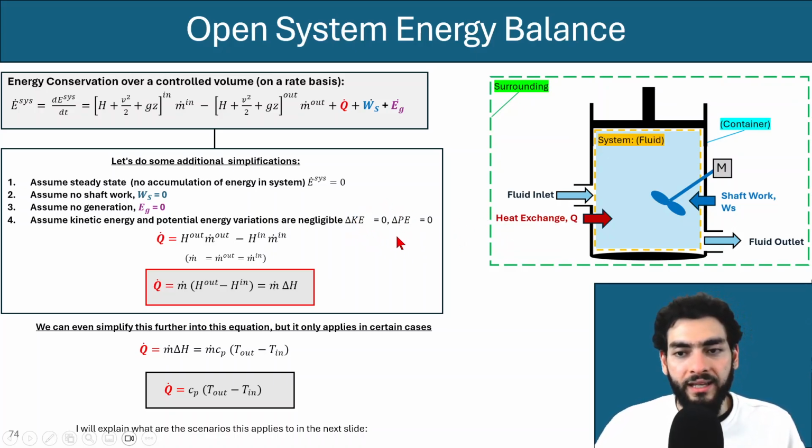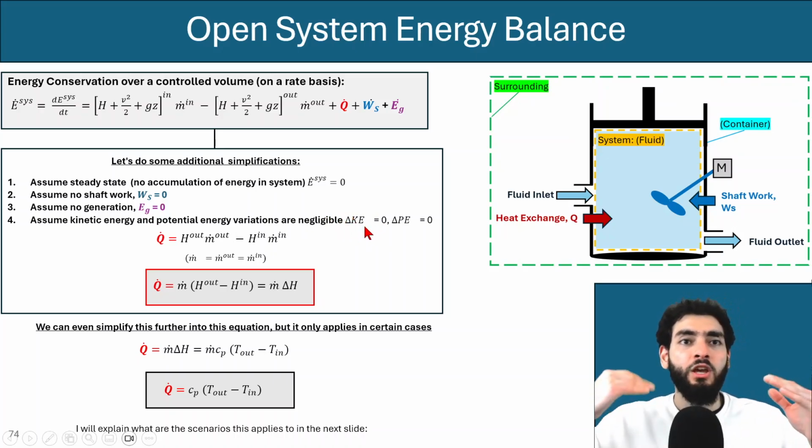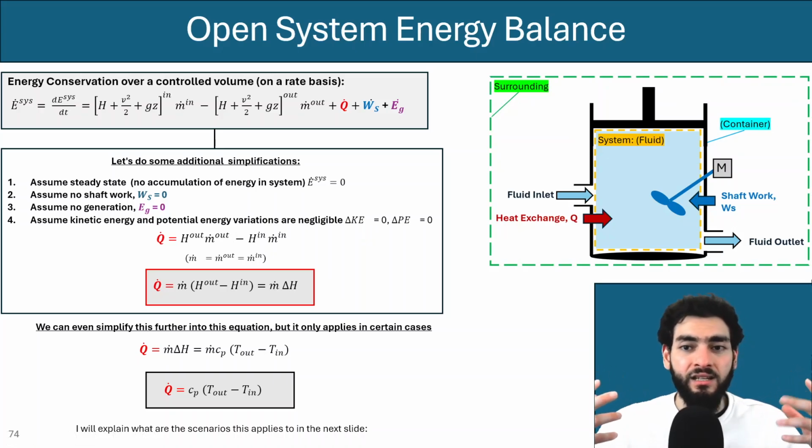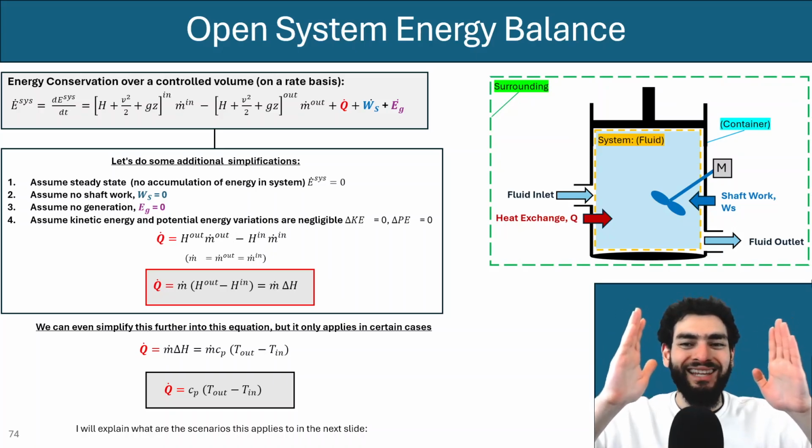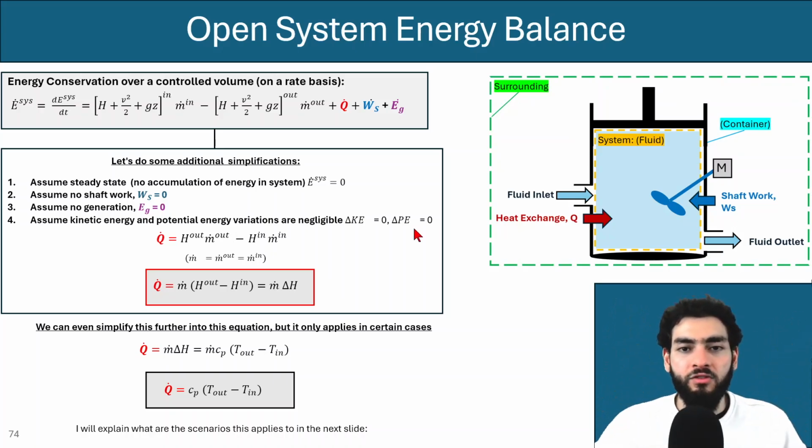And also you could make an assumption that the kinetic energy change is zero. So if the flow rates or the velocity of, let's say, the fluid flowing through the pipe section that you're interested in is the same, then if the velocity at the inlet and the outlet are the same, you can cancel them and it would be approximately zero.